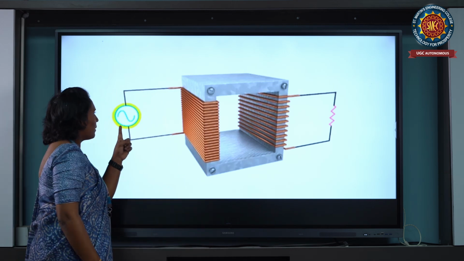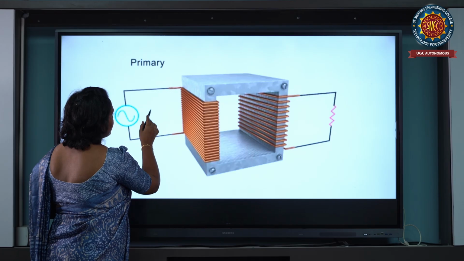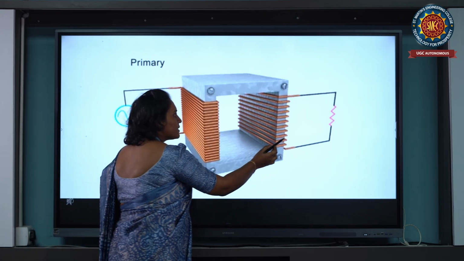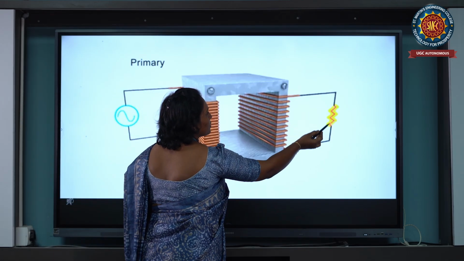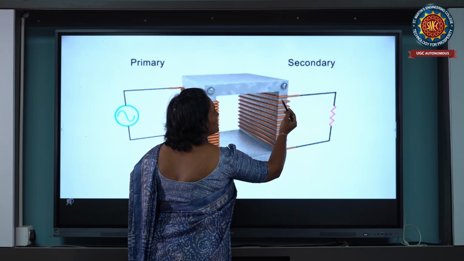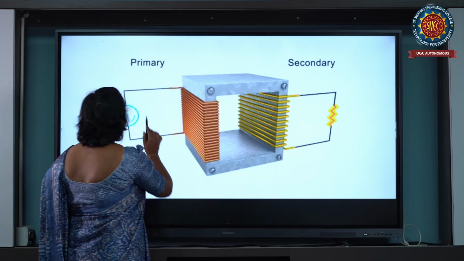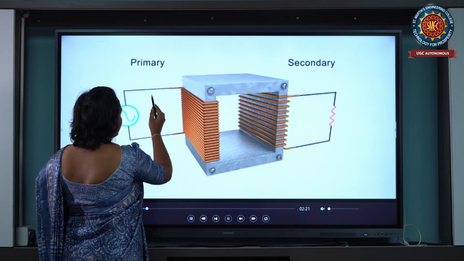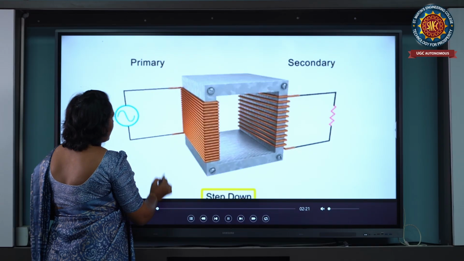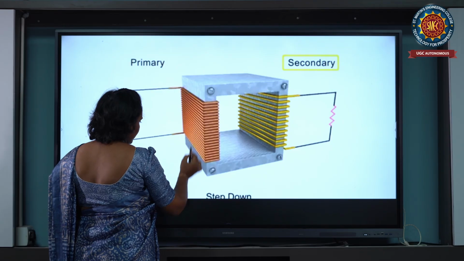Here on the primary side we connect the supply voltage, and on the secondary side we connect the load. Next, the primary side current is passing through the primary.